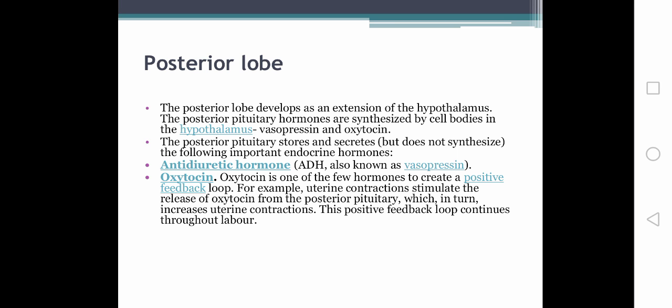Function: the anterior pituitary synthesizes and secretes hormones, and all releasing hormones can also be referred to as releasing factors.